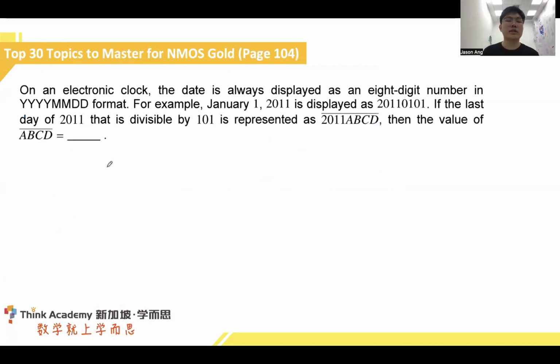Now, on an electronic clock, the date is always displayed as an 8-digit number in year, month, day format. For example, January 1, 2001 is displayed as 2001 0101. Now, if the last day of 2001 is a number that is divisible by 101 and it's represented by 2001ABCD, we want to find the value of ABCD.